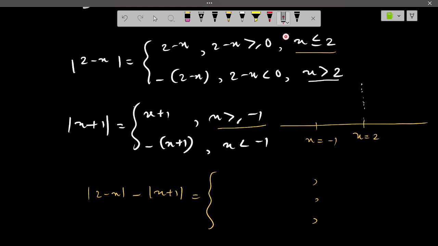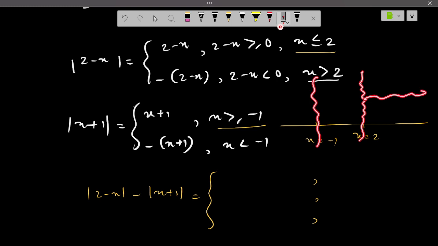So when x is greater than 2, you need to understand everyone, x greater than minus 1, and x greater than minus 1 is nothing but this side. This side the function is x plus 1. So right now how many boundaries you are getting, that is also very important. One boundary is this one, and the another boundary is this one.